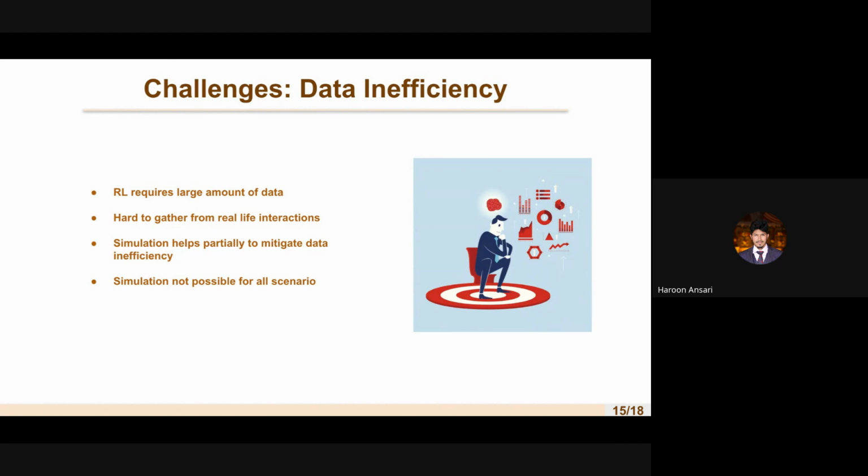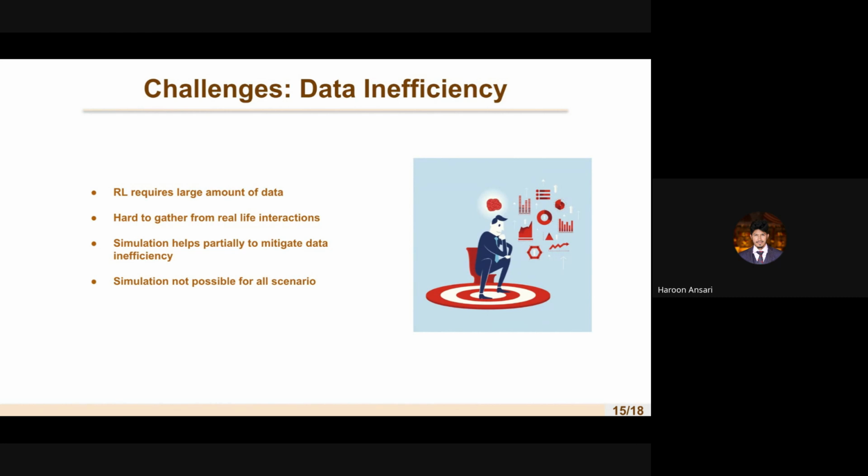We cannot simulate it. It is not very clear what will happen if we give this medicine or inject this thing into the patient. We cannot simulate it an infinite number of times, and there's no way to simulate it. So that is one of the challenges that we face with RL.